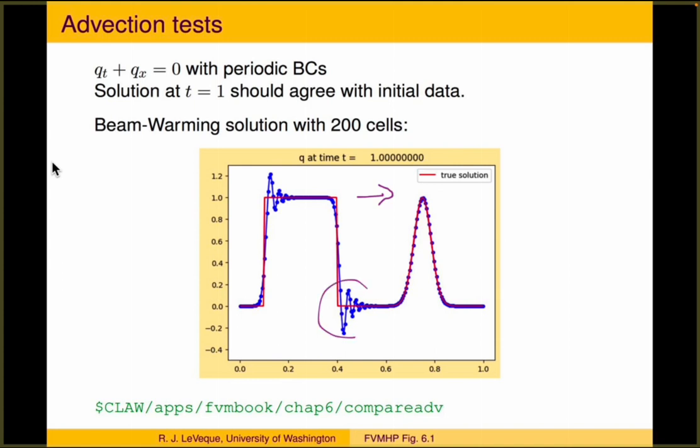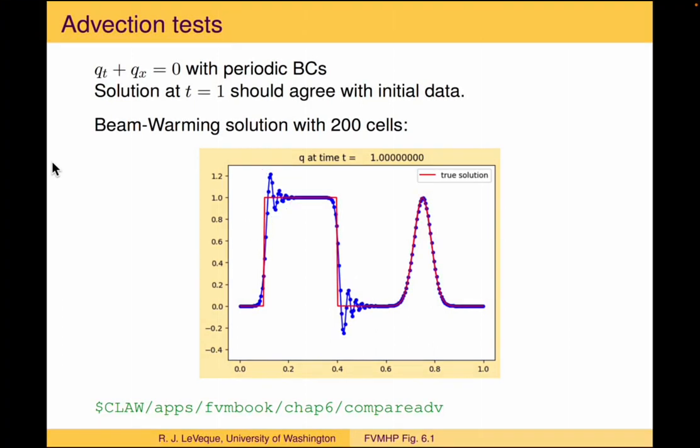Now in the case of beam-warming, the oscillations propagate in such a way that they show up in front of the discontinuity instead of behind it, and also in front of the second discontinuity that's moving along behind it. We get similar good accuracy in the smooth solution, but we have oscillatory results again near the discontinuity. And on a finer grid, again, those oscillations do not get any smaller in magnitude.